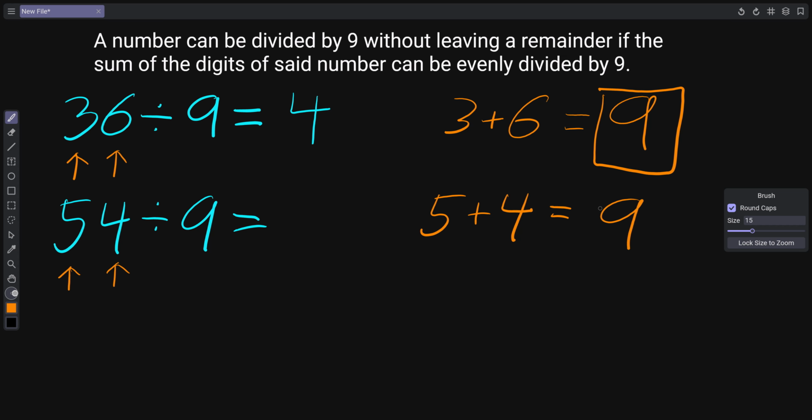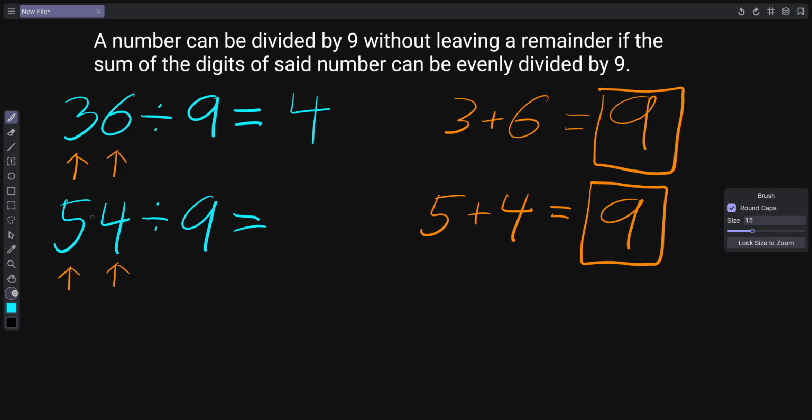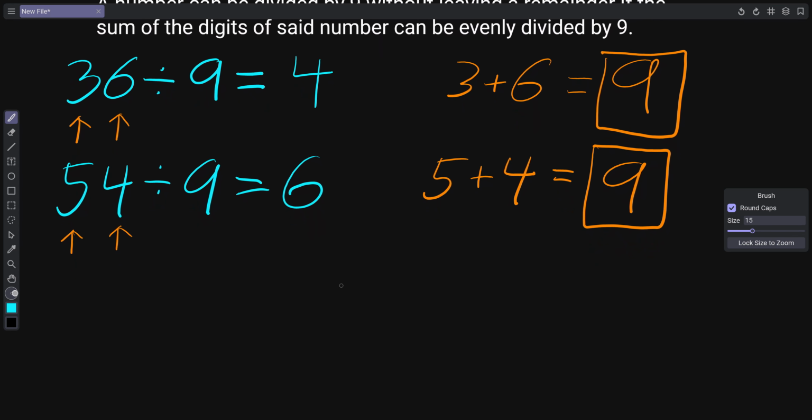This gives us 9, which is the same number as we got last time, and the same principle will apply. 9 can go into 9 once, and therefore we know that because the sum of 5 and 4 is evenly divisible by 9, 54 is also evenly divisible by 9. And 54 divided by 9 equals 6, because 9 times 6 equals 54.